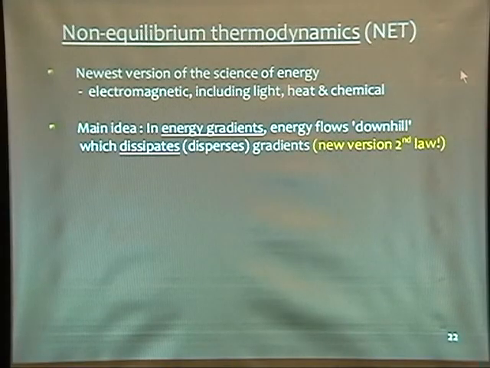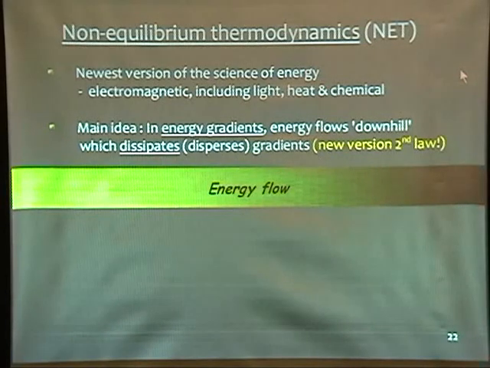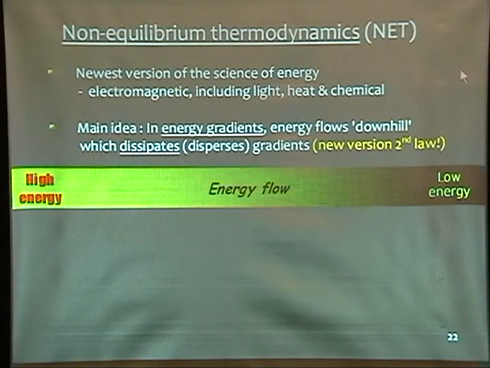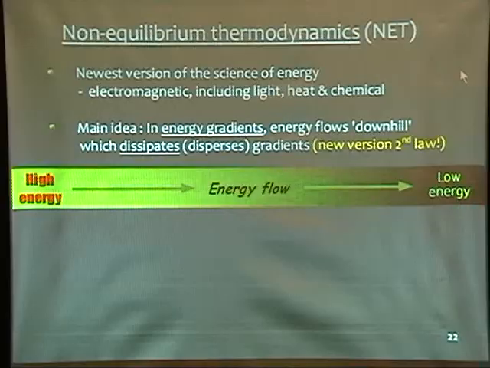So here's a diagram. You've got more energy on the left side than on the right side. And the energy flows from high energy to low energy in this direction. Automatically, the lights in this room are flowing out from the light bulb. Heat from your body is flowing out from you. It's a gradient. And so non-equilibrium thermodynamics studies how these gradients dissipate over time.